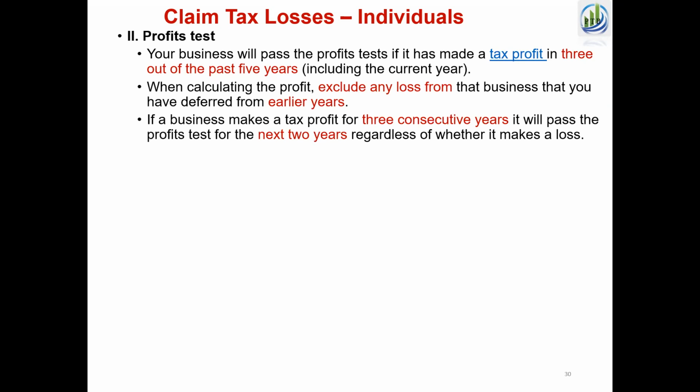But if you are first year profit, second year profit, third year loss, fourth year you make a profit, yes, that also can be considered. Out of 5 years, at least 3 years you make the profit, right? It's not necessary to be consecutive 5 years. That's very important. I just pasted these lines because it's in the tax office already. Sometimes students come back and ask me this question.